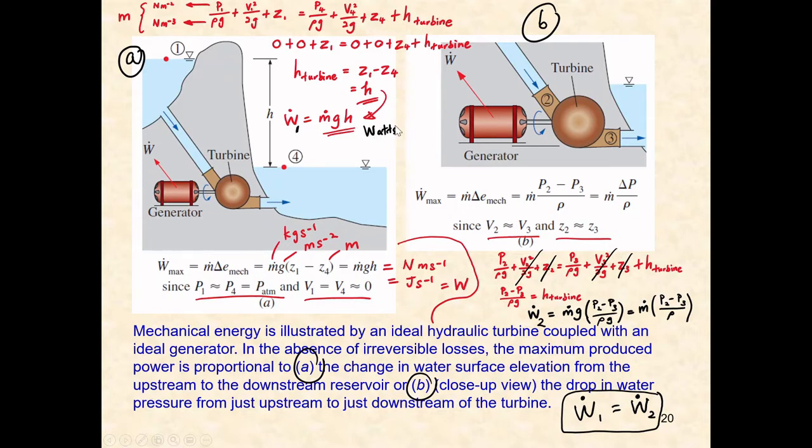So watts is the power. The power of what? The power taken up by the turbine because of the energy, because of the water flowing from point 1 to point 4.